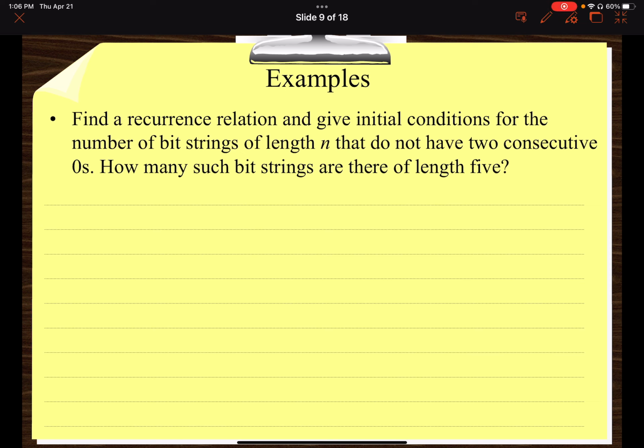If this is my bit string, I know for sure that it will start with a 1 or a 0, right? Yes. Okay. I know that it will start with a 1 or a 0.